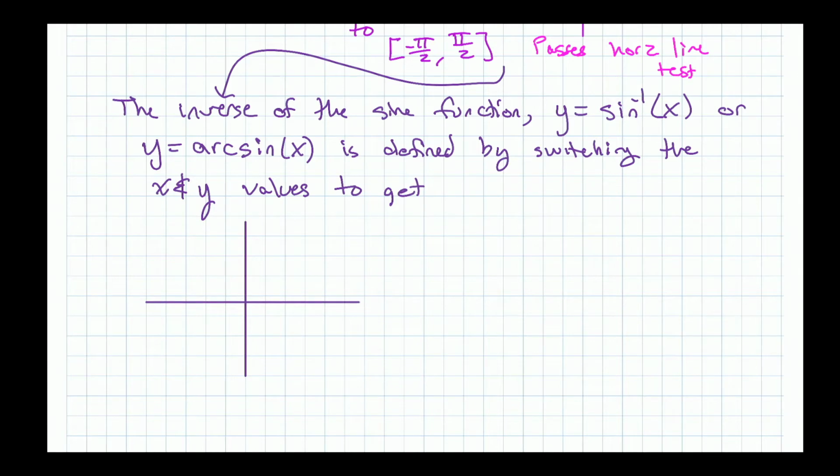So if you switch all the x and y values, then you'll have pi over 2 up here, negative pi over 2 down here, 1 out here, negative 1 out here. That's, I'm drawing it wrong real quick. Let's try to draw it right.